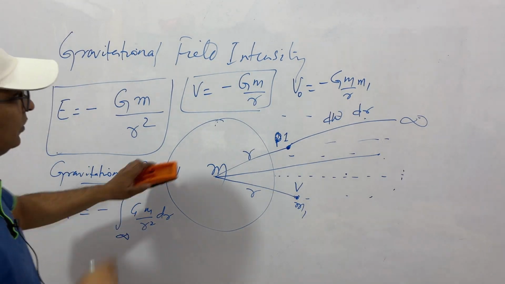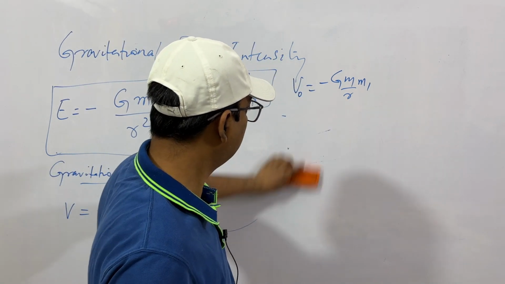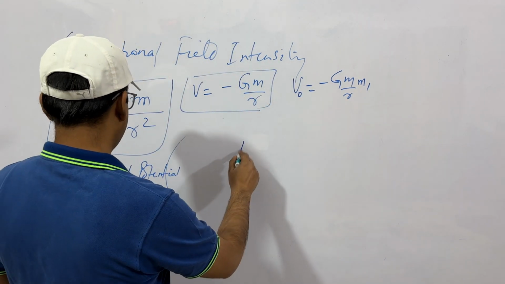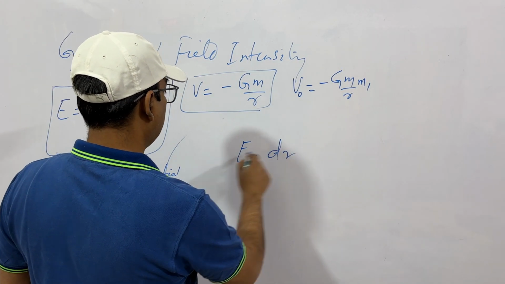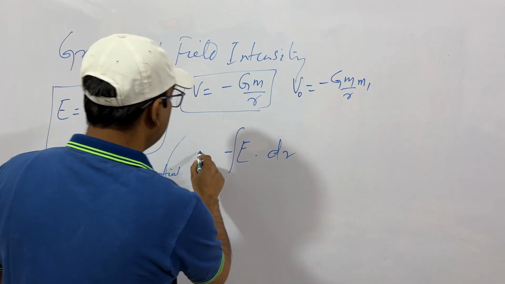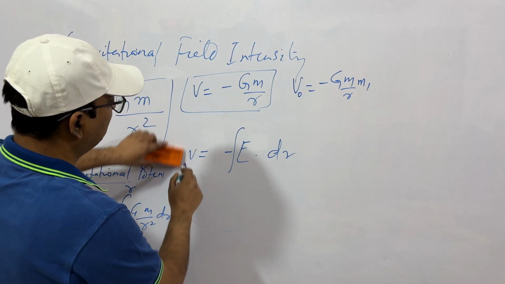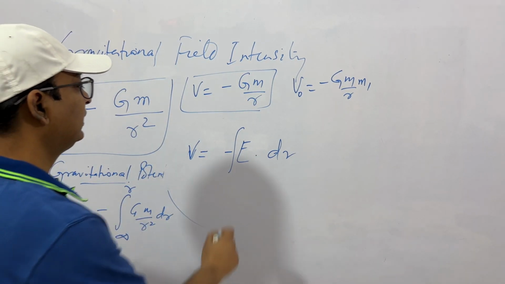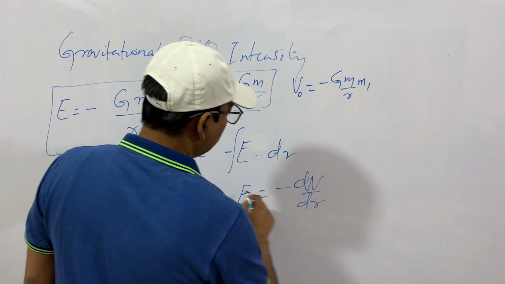Okay. Now from here you can understand one thing, that see, this is E dr. If you look at it properly, dV is E dr, or E is minus dV by dr. So this is another relation.